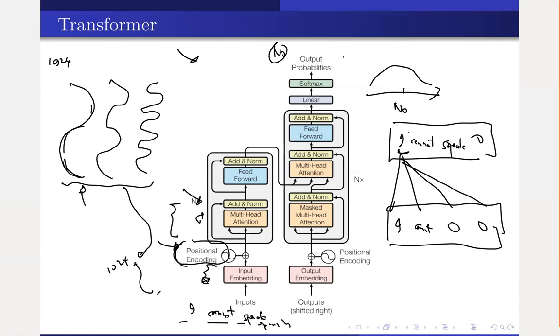In this simple example, it may not be very obvious why this will help, because it looks like it should always attend to this "I" here, right?